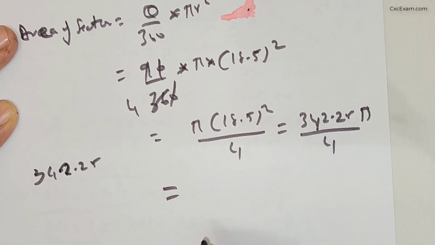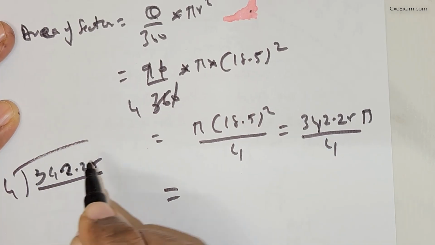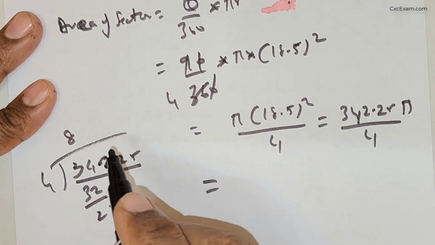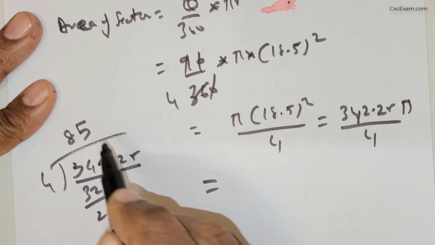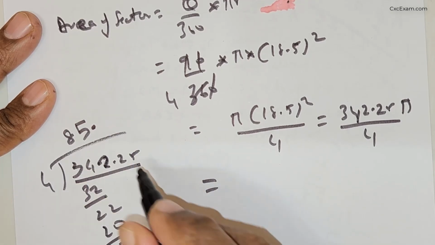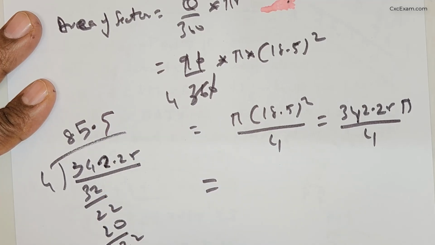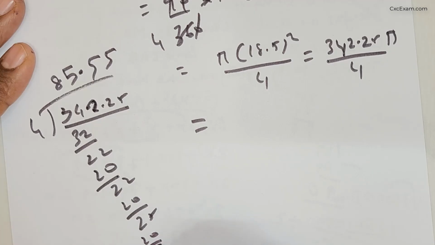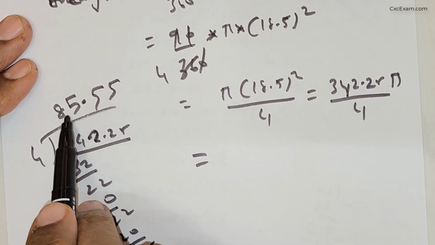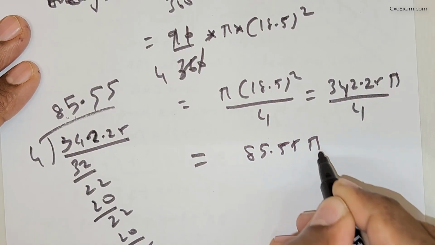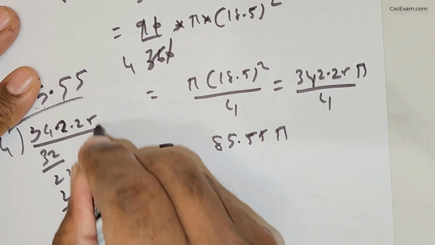So we can find this out. If I were to divide 342.25 by 4, we get 85.56, approximately 85.55, times pi.